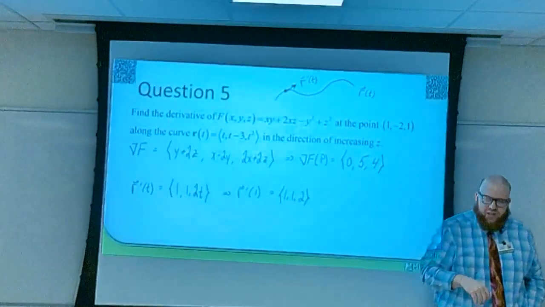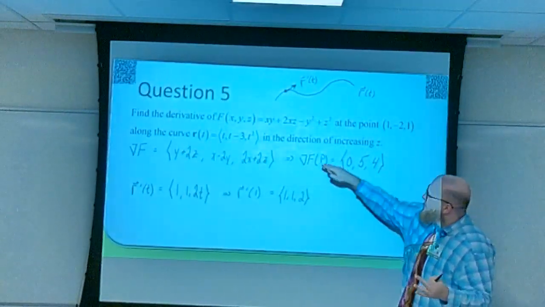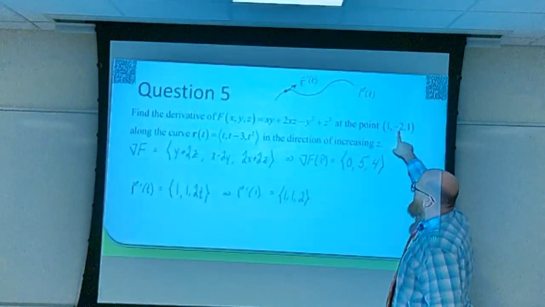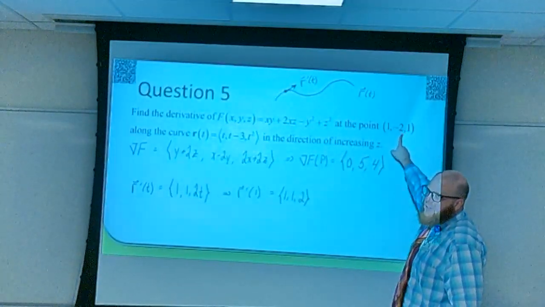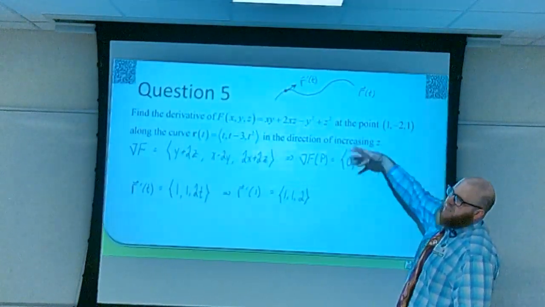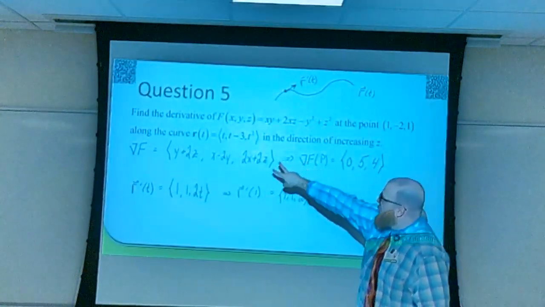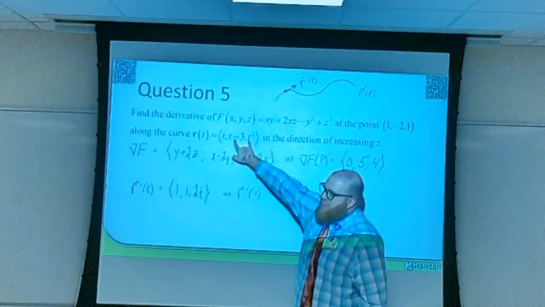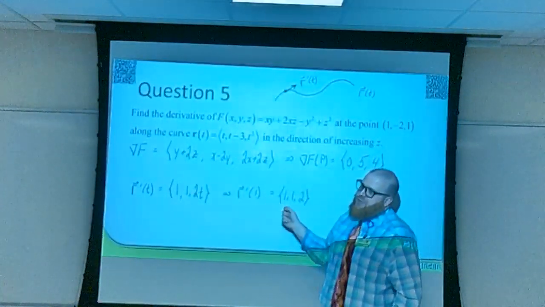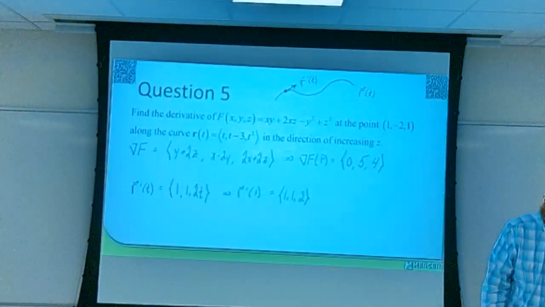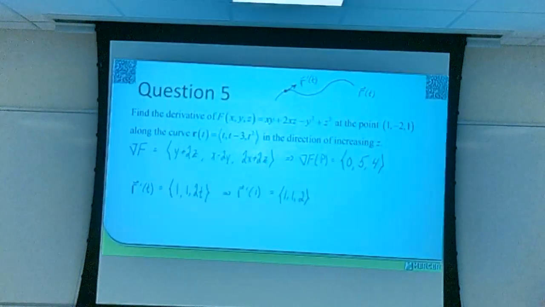So you have three equations: t equals 1, t minus 3 equals negative 2, t squared equals 1. Solve for t in one of them, immediately you know it's 1, make sure it satisfies. It does. Notice if it didn't, then this point wouldn't be on the curve and you can't have a directional derivative, because you're not even on the curve.